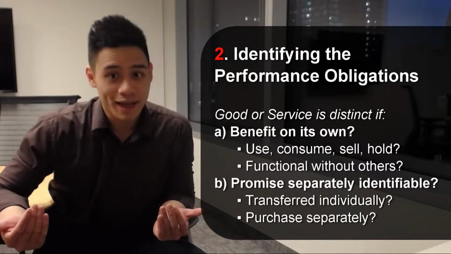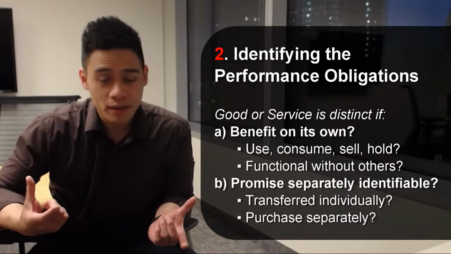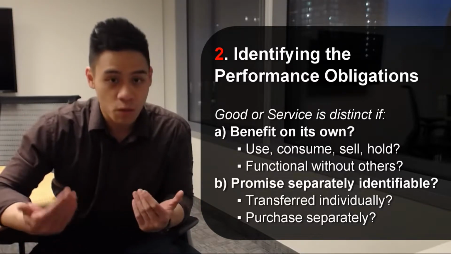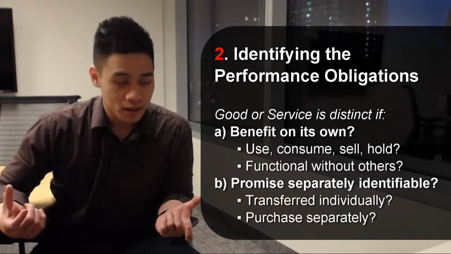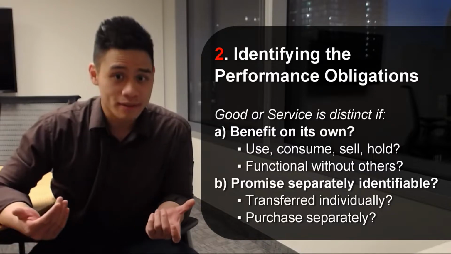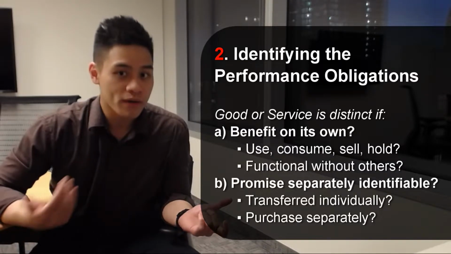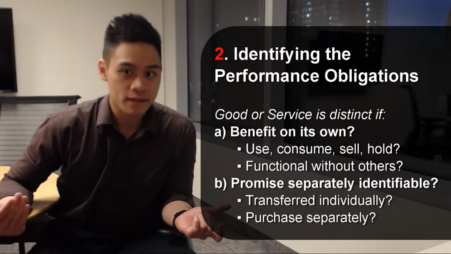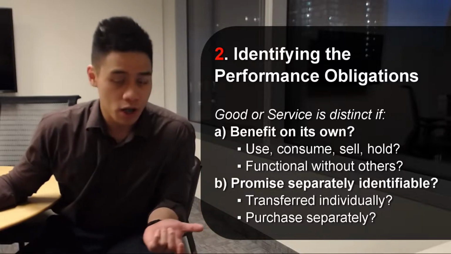Benefits means that the good or the service can be used, consumed, sold, or held in a way that it will generate economic benefits. On its own means, do the good or the service remain functional without the support of the other goods or services that are promised in that contract?